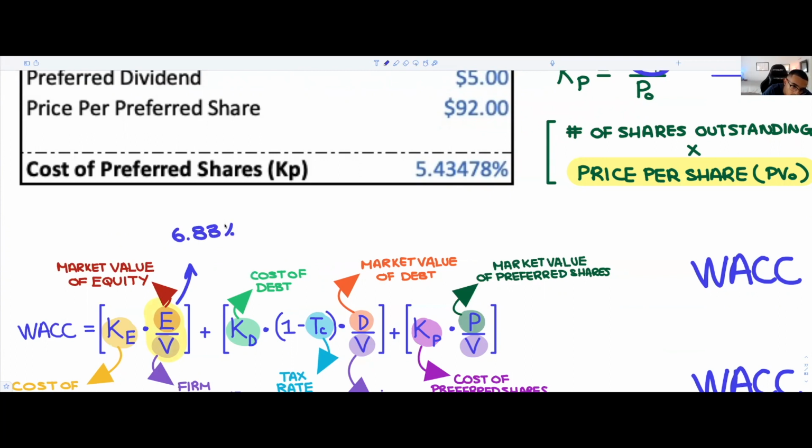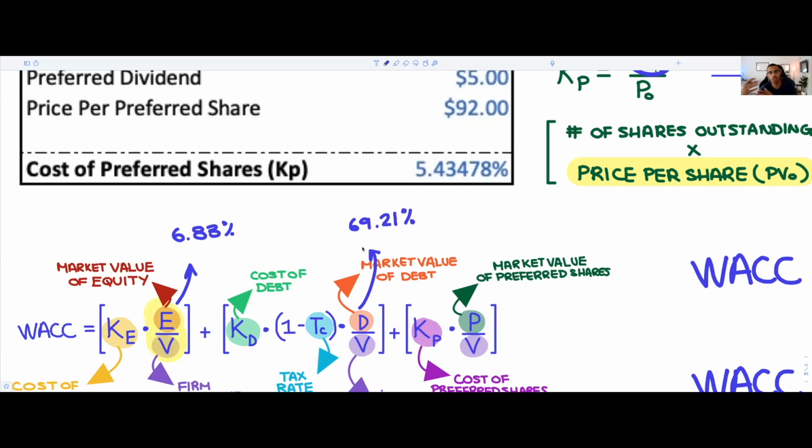6.83%. If we go to do our debt over value, you're going to get 132 million, 834,686 approximately, over 191,939,226. That's going to give you 69.21%.